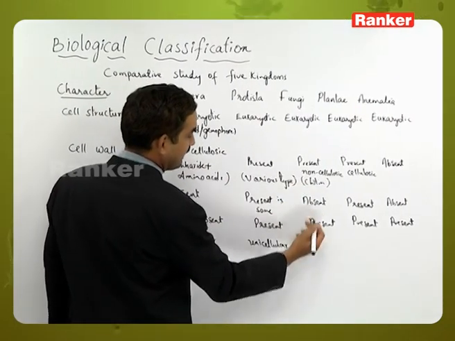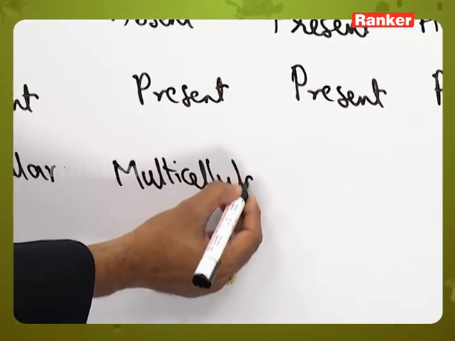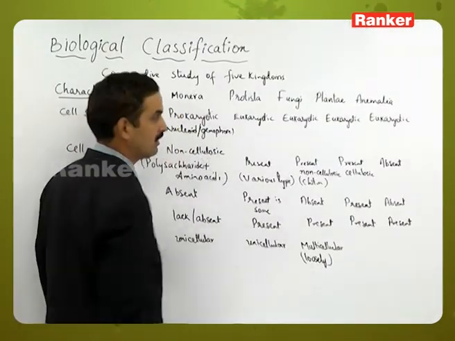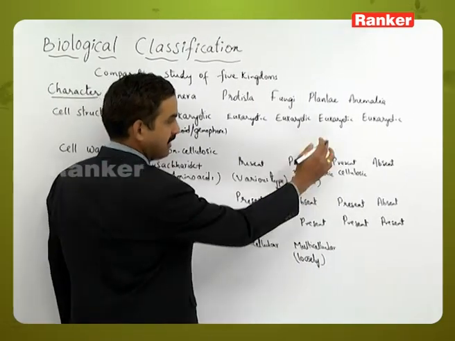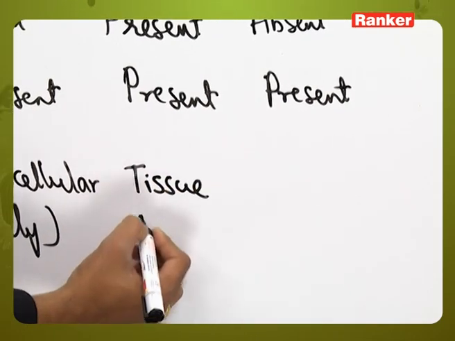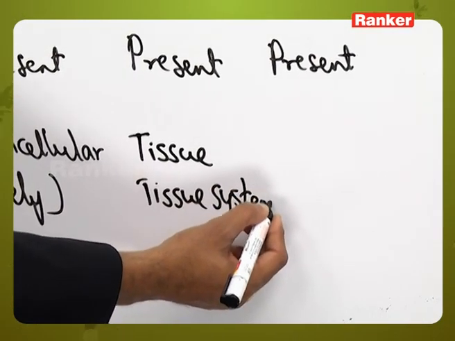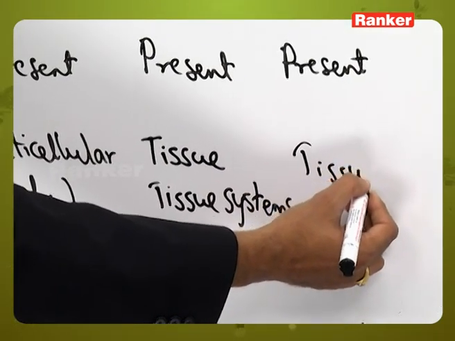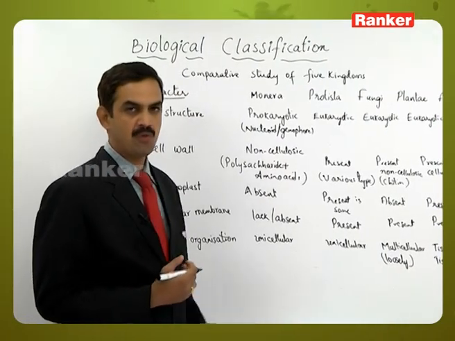Whereas fungi contain many cells, that is, a multicellular condition is present, and these cells are generally loosely arranged. Tissue organization is present, whereas perfect tissue organization can be seen in Plantae and Animalia. Tissues and tissue systems are present in plants, that is, the cellular organization is perfect, and in Animalia also the tissues are present. The cellular organization is very well developed in this group of organisms.